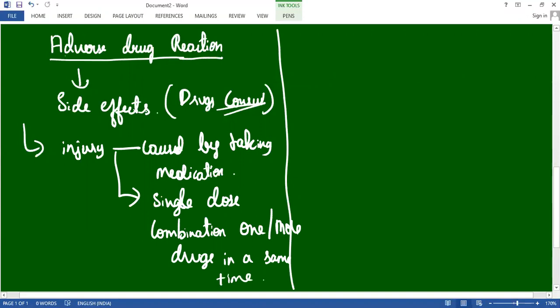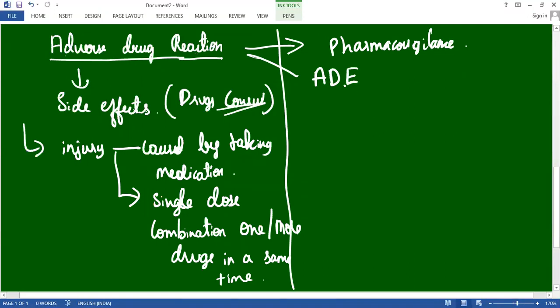The study of adverse drug reactions is also known as pharmacovigilance. This is the ADE, adverse drug event, which refers to the injury. At the time the drug is used, it may be caused due to the drug, or maybe the body's antibodies are not balanced against that particular drug.